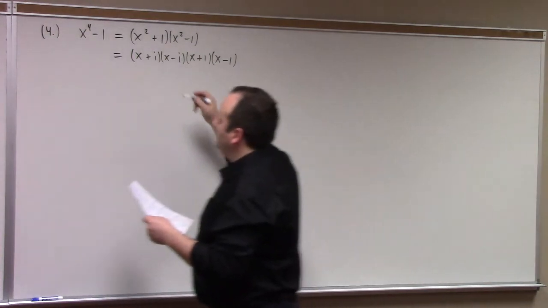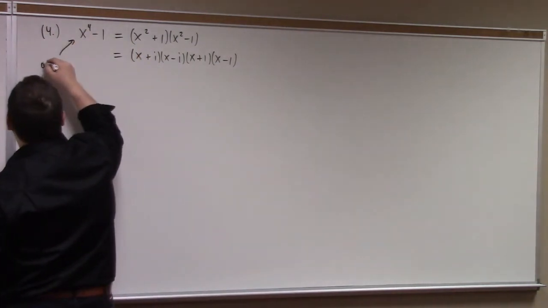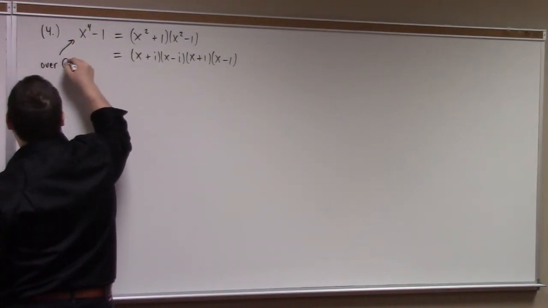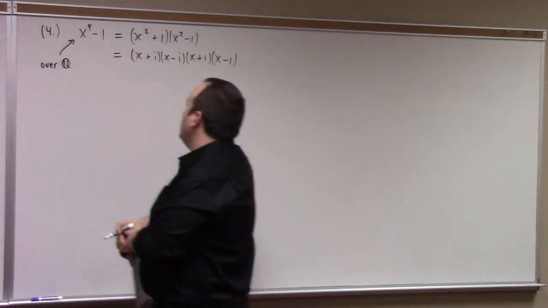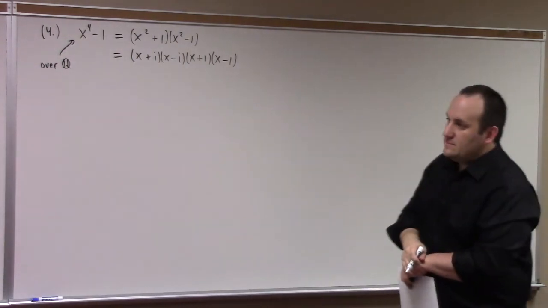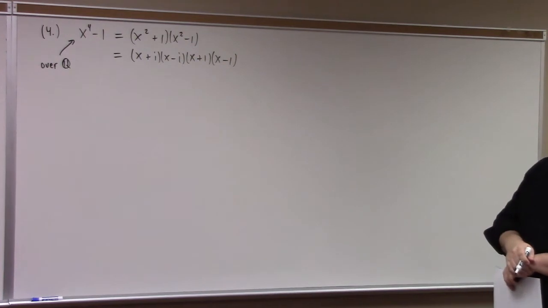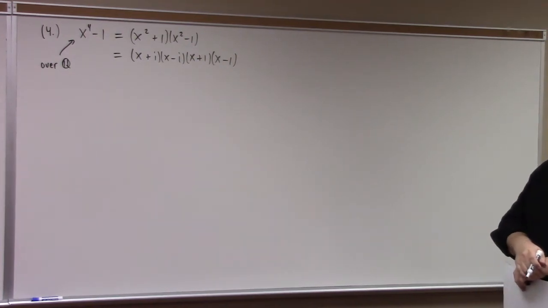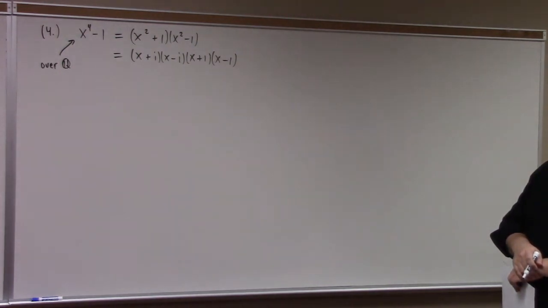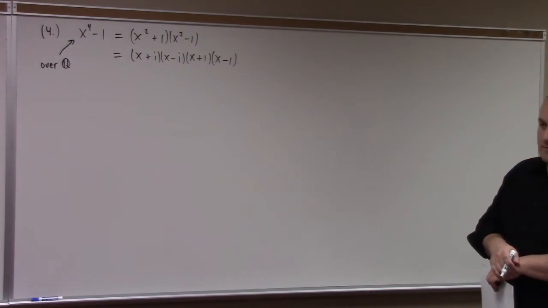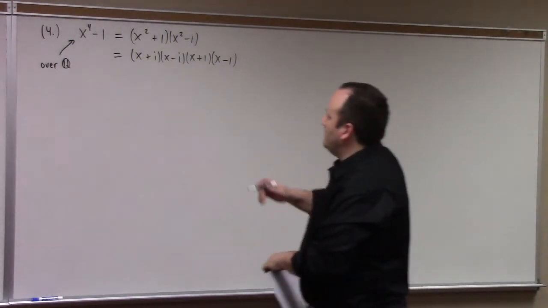So if I'm thinking about the original polynomial over Q, what's the splitting field for x to the fourth minus 1 then? It's not split over the rational numbers, right? Because x squared plus 1 is irreducible, and it's not a linear factor. So it's split over the rationals adjoin i.